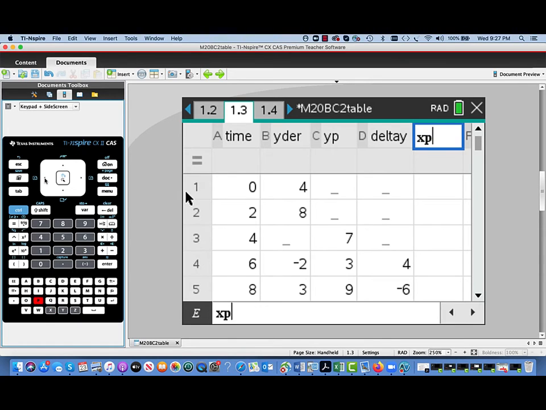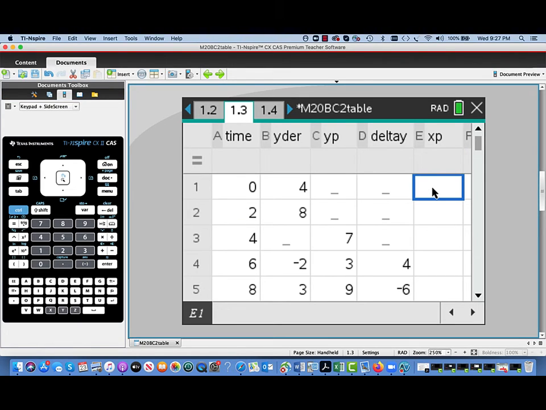So I'm going to label this xp for x position, and it'll be defined as, let's see, our position at time t equals 12 was 4, so I'm going to make this equal to 4 plus our change in x position, which is x del of, well, in this case, the time t is in A1. And there's our position, the x-coordinate of our position at time t equals 0 is -4.